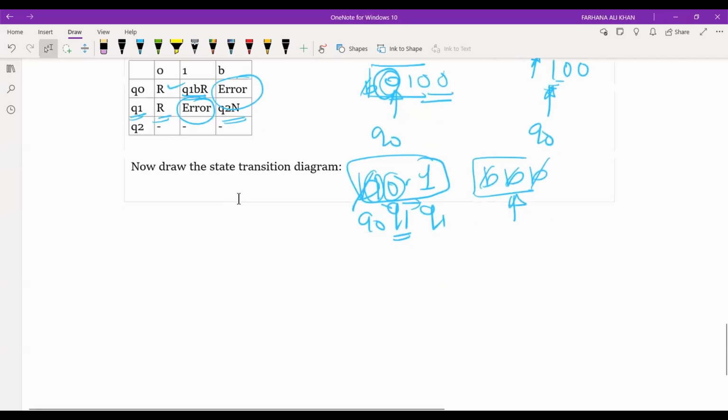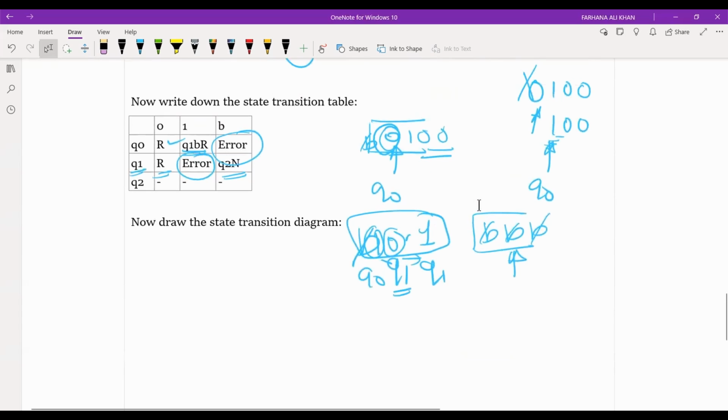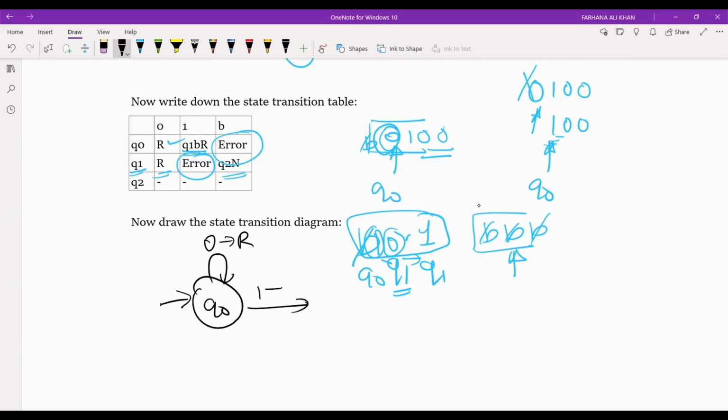Now we are going to draw the state transition diagram. First we take the initial state, which is Q0. Q0 on 0 only shifts towards the right-hand side and stays in the same state. Now Q0 on 1 goes to Q1 and makes the blank symbol: 1 is converted into the blank symbol and goes to Q1.